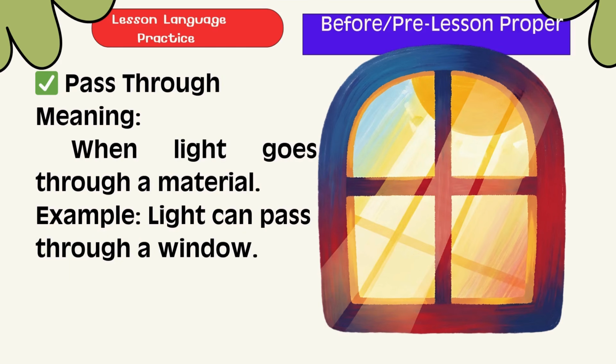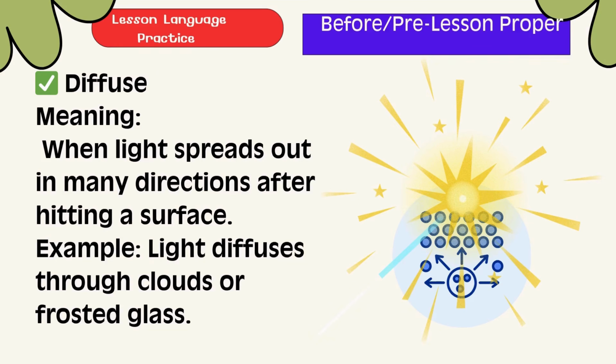Pass through, meaning when light goes through a material. Example, light can pass through a window. Diffuse, meaning when light spreads out in many directions after hitting a surface.